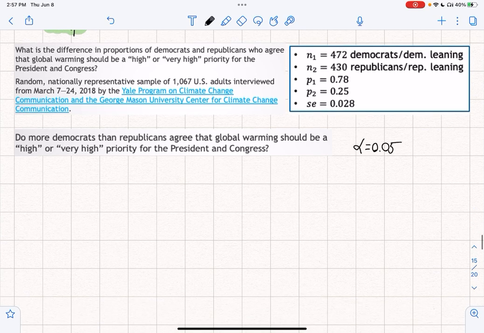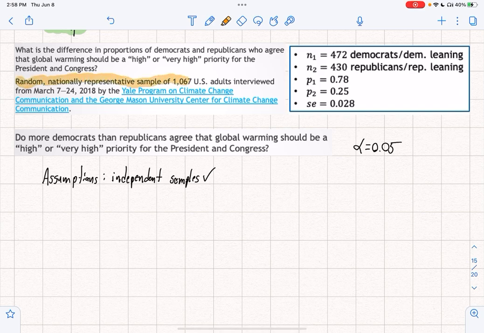Okay, so let's start with our assumptions, which is that we have independent samples. Just check, because we were told that it was a random sample of 1,067 US adults. And then we need 5 successes and failures.